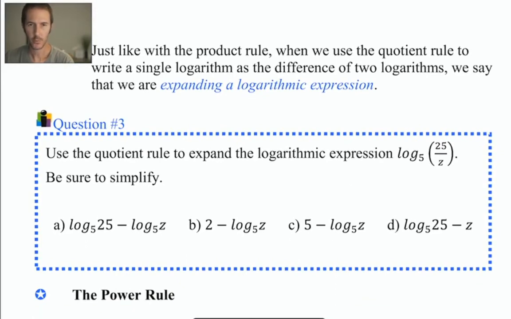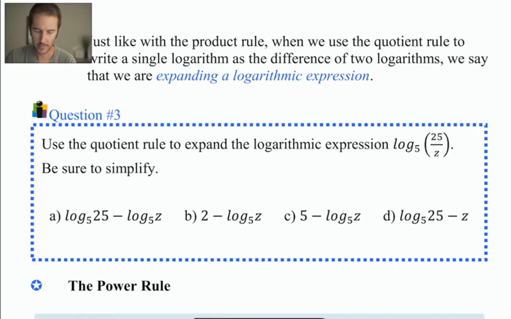So let's use the quotient rule to expand this logarithm. We have log base 5 of 25 over z. That's equal to log base 5. Now notice, this doesn't say negative log base 5, it says positive log base 5.